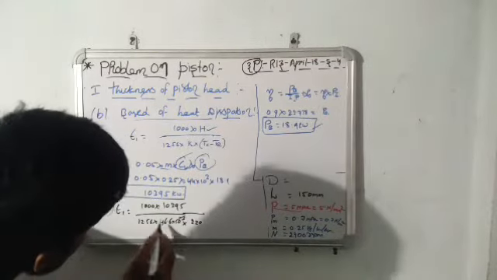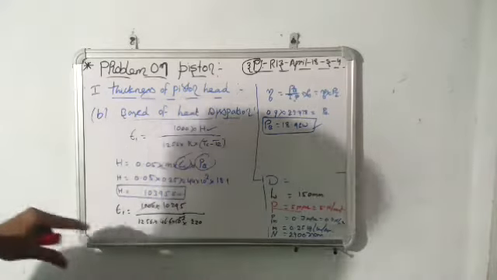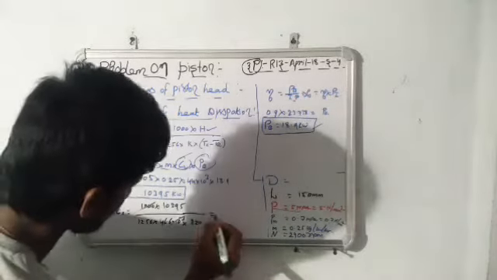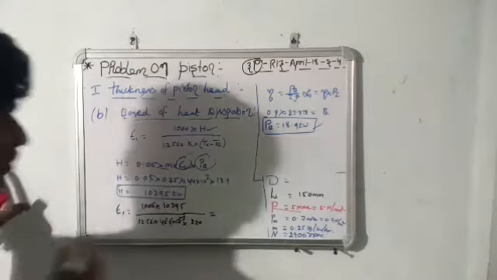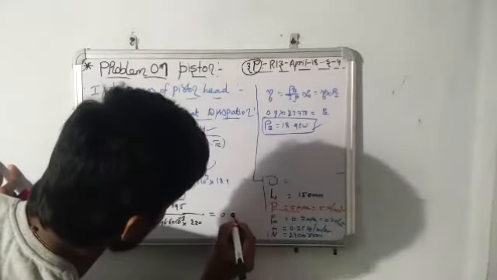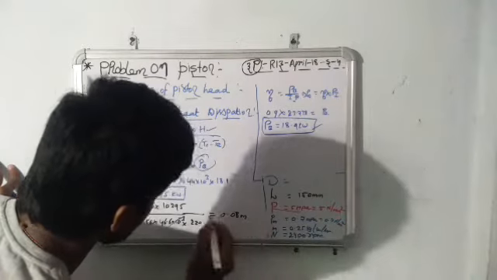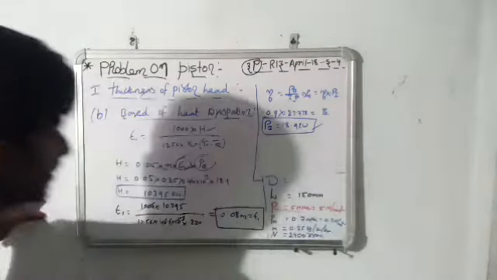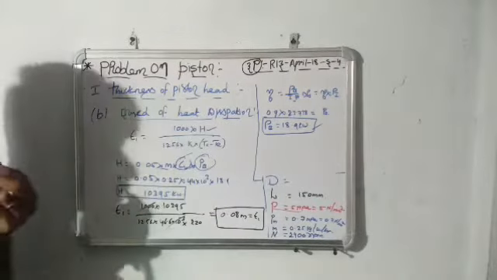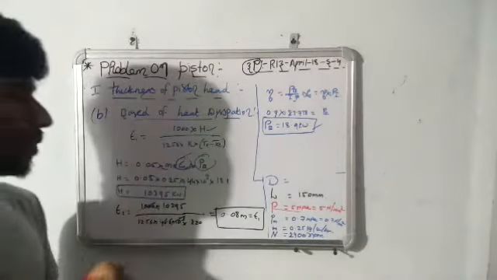The 10 to the power of minus 3 and the 1000 are simplified here. By simplifying this, we get the T1 value, 0.08 meters. This is about the heat dissipation condition, the thickness of the piston head.